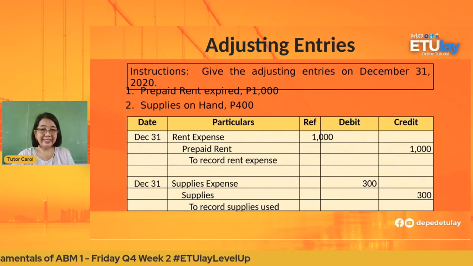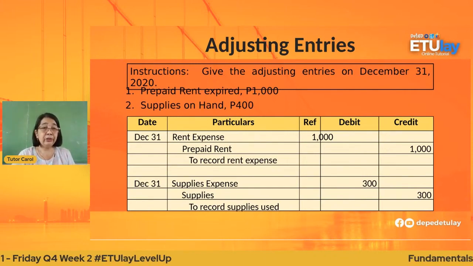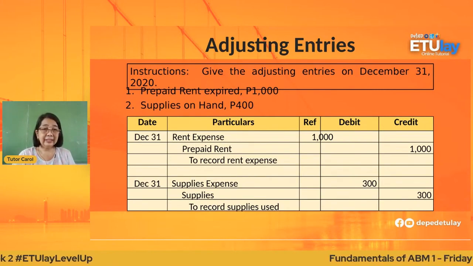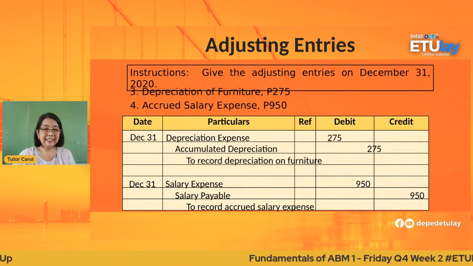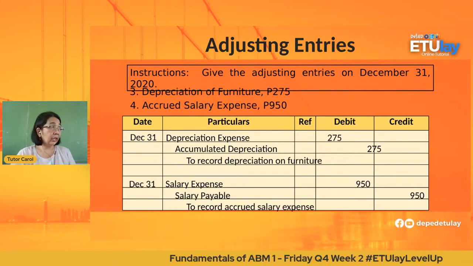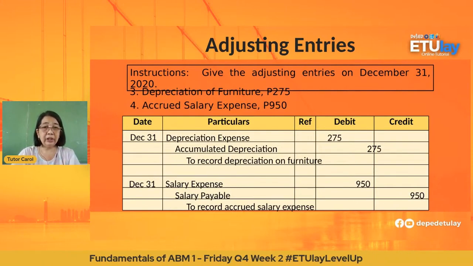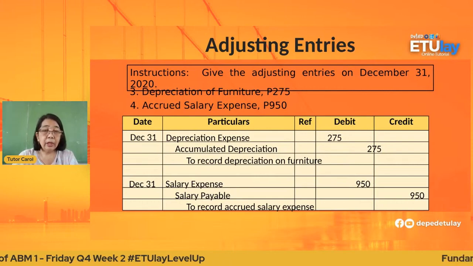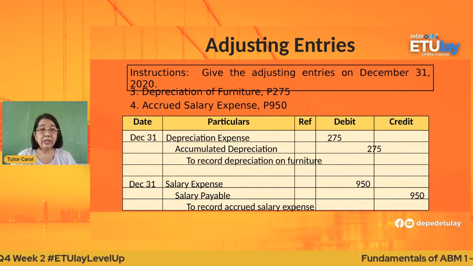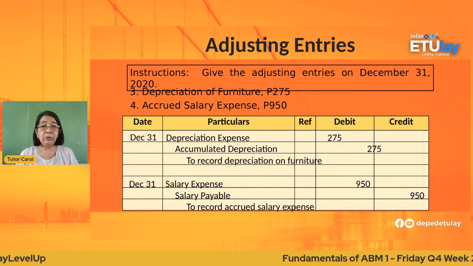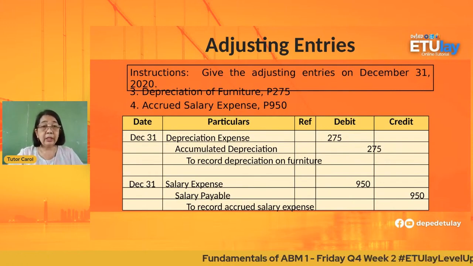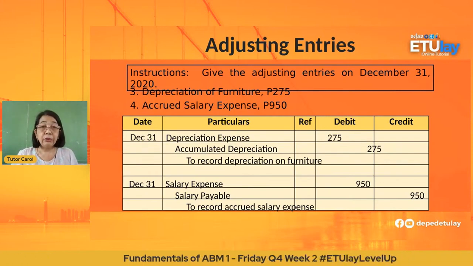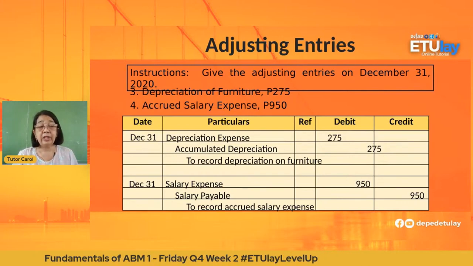For numbers 3 and 4, our answers are now revealed. Instruction: give the adjusting entries on December 31, 2020 once again. Depreciation of furniture is 275.